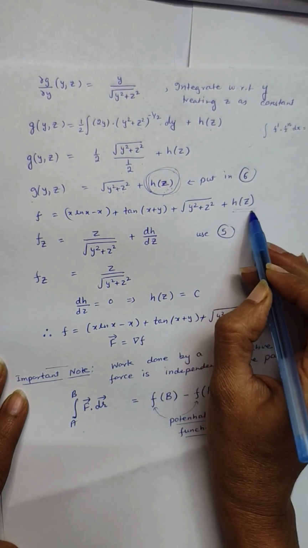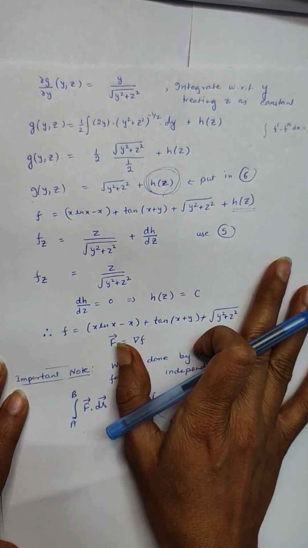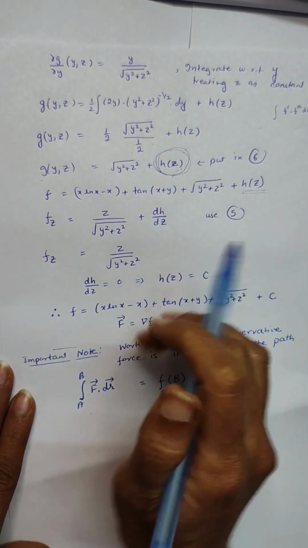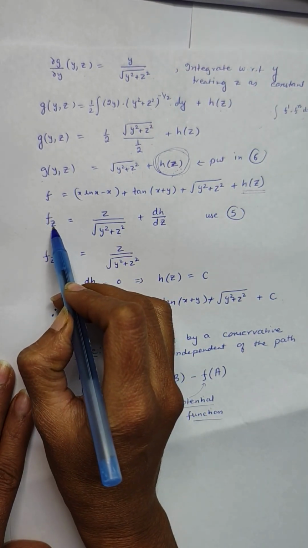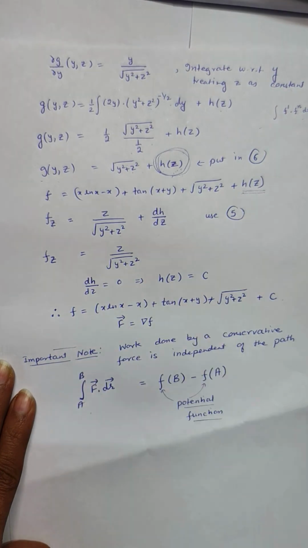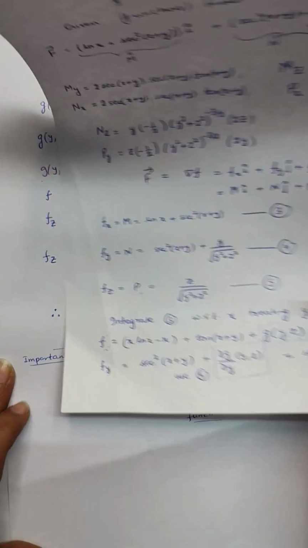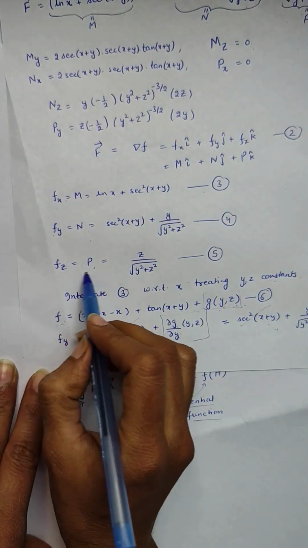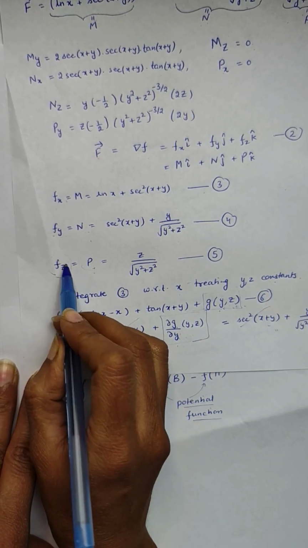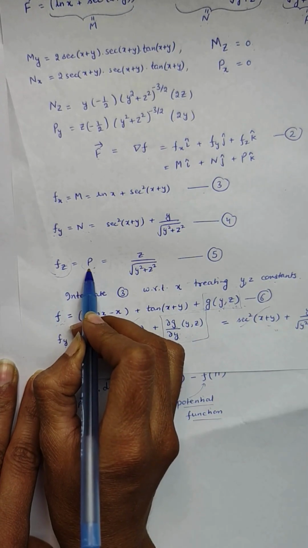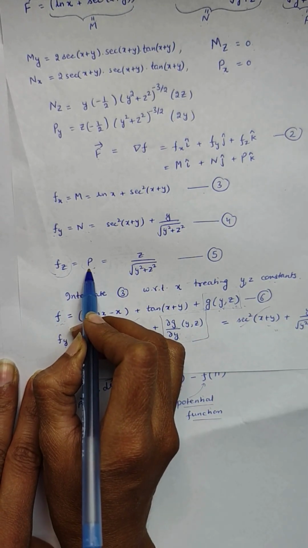We don't know what h of z is, so to find that, we take the derivative of this function with respect to z, which is equal to this. And now look at this equation. The derivative of the potential function with respect to z is equal to the third component p of the given vector field f.